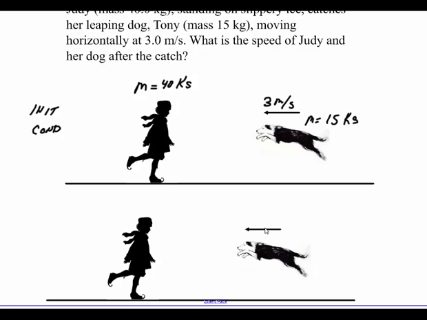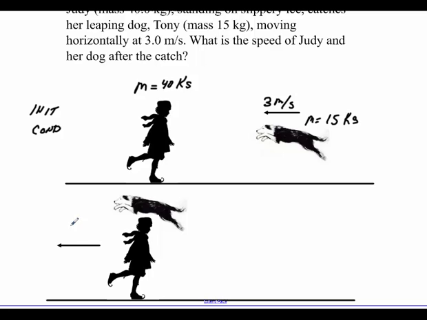Okay, now the dog and Judy were one item here. So now we can draw a vector going back this way as far as the velocity would go. Okay, now the mass here would be the dog and the girl combined. So mass final is going to be 40 plus 15, that's 55 kilograms.